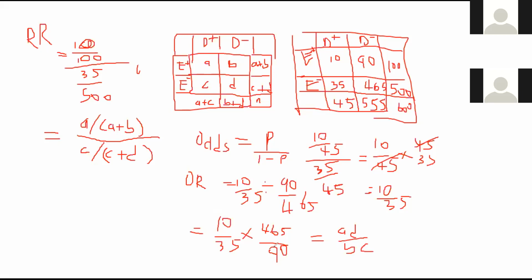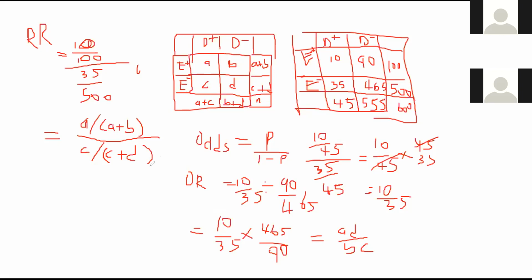That is 10 times 465 over 90 times 35. That is where the origin of that formula for the odds ratio comes from.